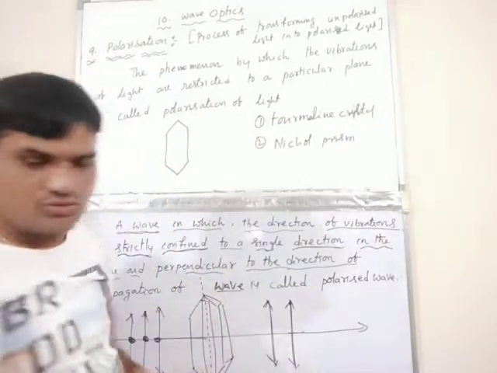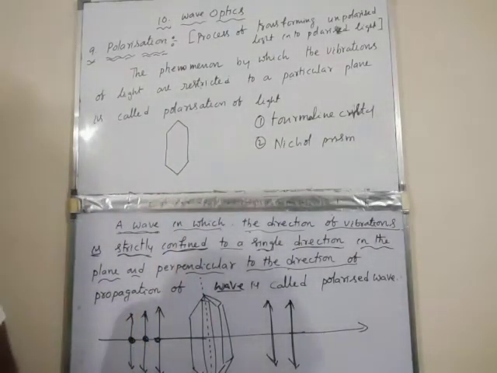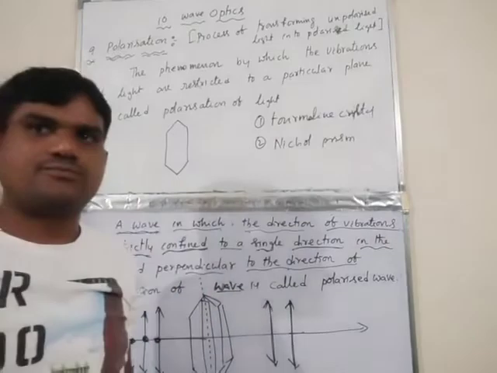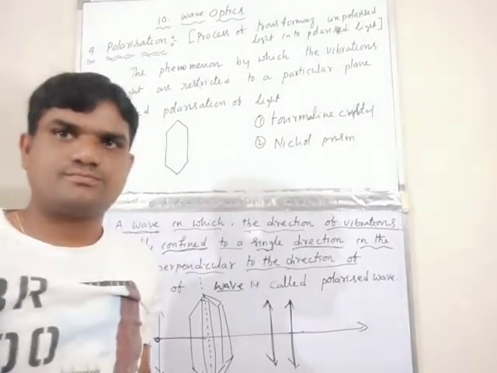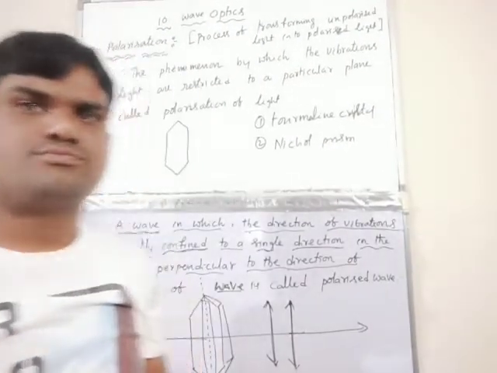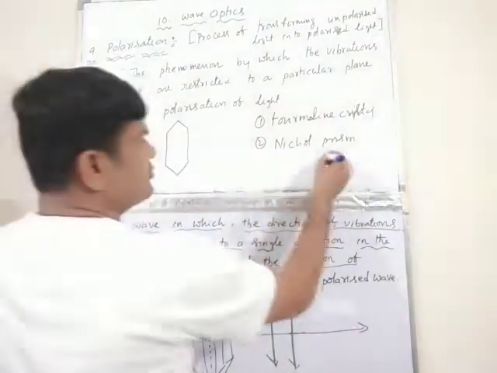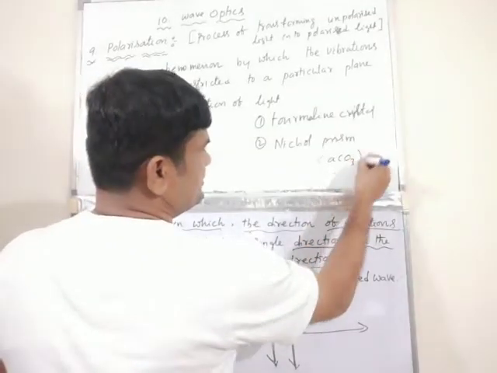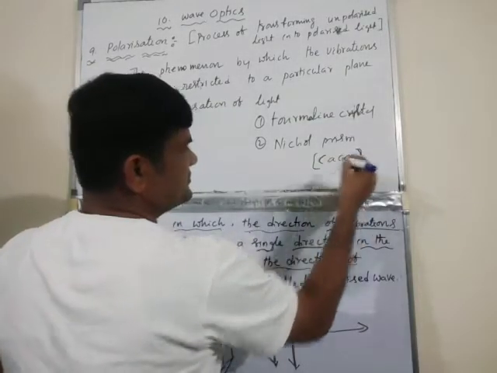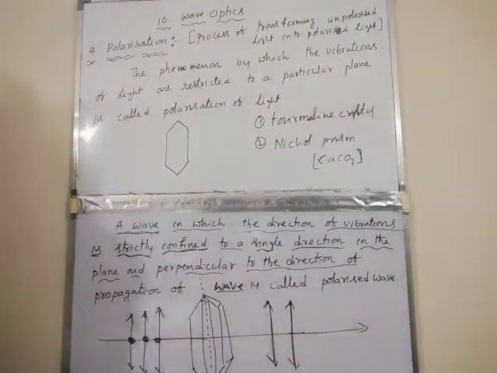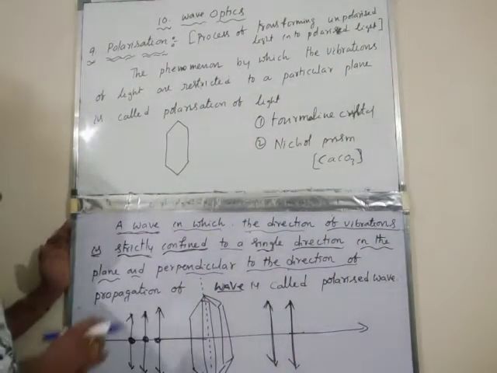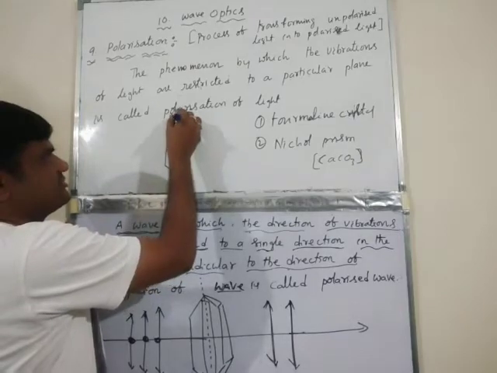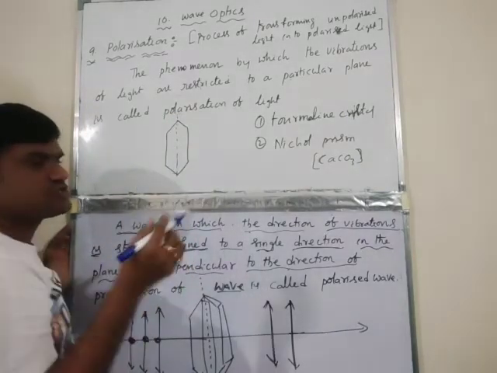So nickel prism is nothing but CaCO3. So nickel prism is made up of CaCO3. Okay, so this has a pass axis like that. This is the pass axis, meaning a small slit gap.